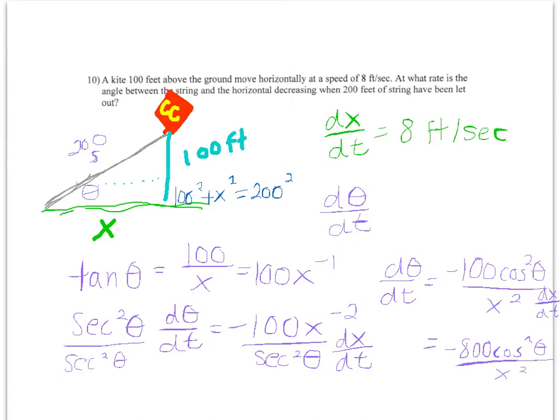So we get that x equals 100 root 3. And that makes sense because if we look at our triangle, the hypotenuse is double the height, which means that we're dealing with a 30, 60, 90 triangle. So we know that our theta is 30 degrees or pi over 6. So we kind of killed two birds with one stone there. We found the side and we found the angle, since we recognize that this is a special triangle.